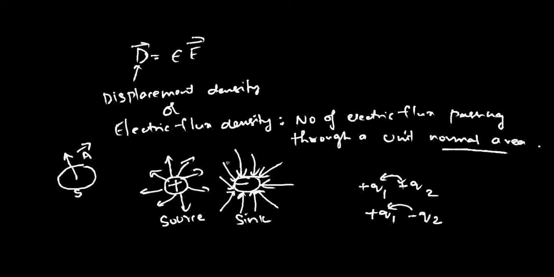That means when you have a closed surface S, and there is some electric charge Q present on the surface, then there will be some lines of flux. The field can be interpreted in terms of some lines of flux emerging from the surface.